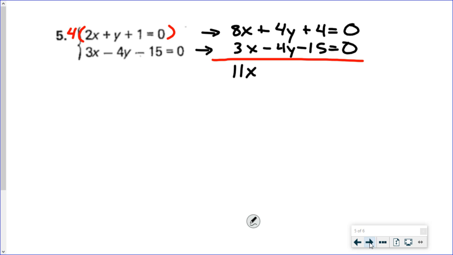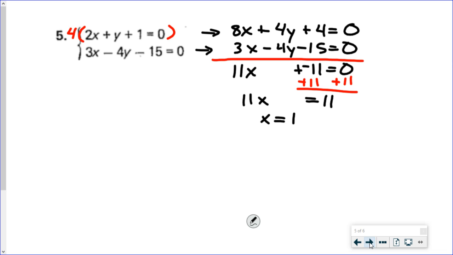Remember, the y's cancel. 4 plus a negative 15 is negative 11. And 0 plus 0 is 0. Okay, the only weird thing here is now I have to add 11. So I have 11x equals 11. So obviously, x is 1.